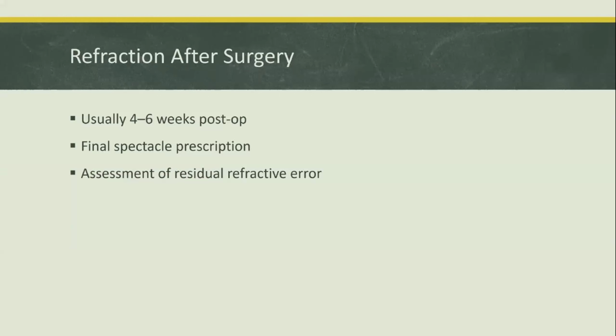So we prescribe the final spectacle correction if required, and evaluate the effectiveness of the selected IOL. If there is a toric IOL, you can show them there will be less dependency on the spectacles. And you can give the glasses accordingly.